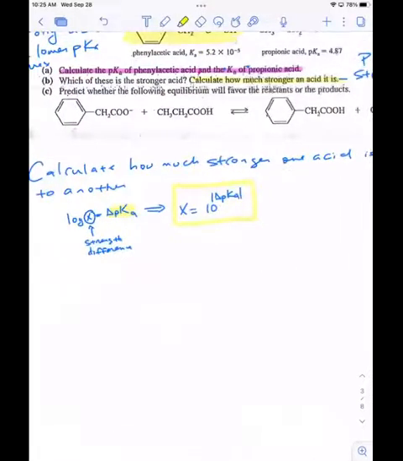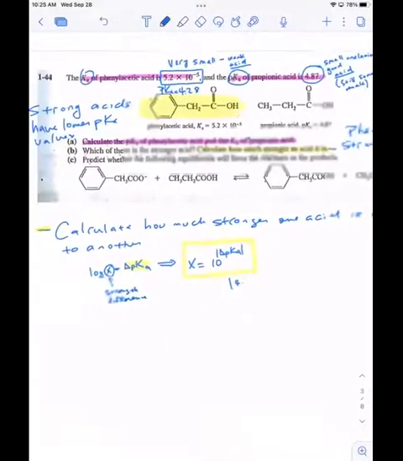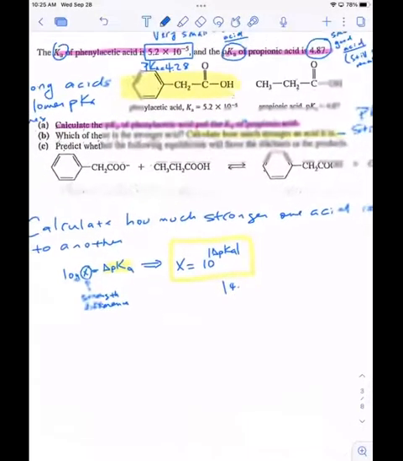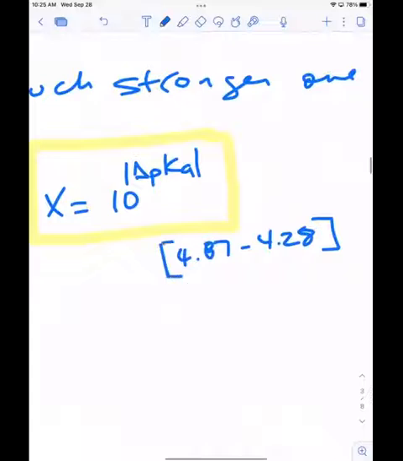So how much stronger is the phenylacetic acid than the propionic acid? Well, if we take the difference in pKa, which is 4.87 minus 4.28, we'll take that number.